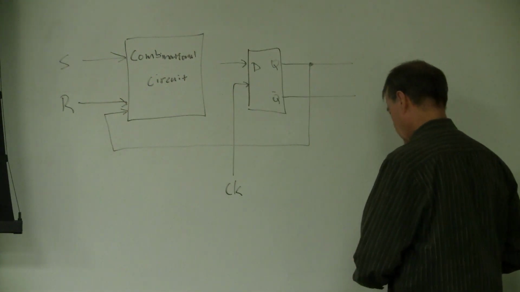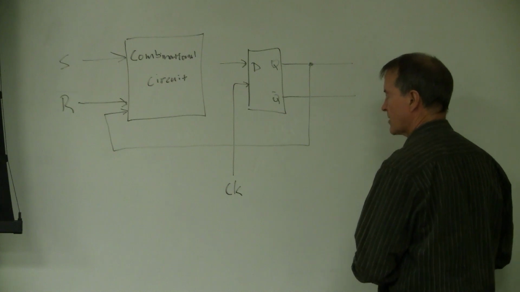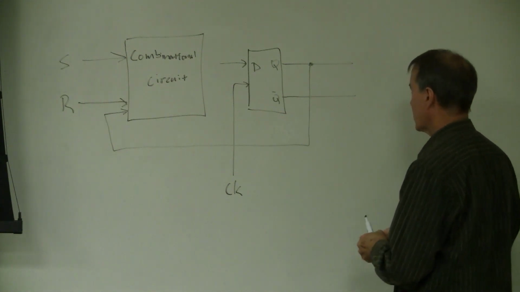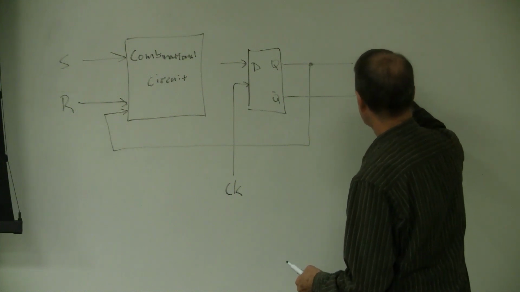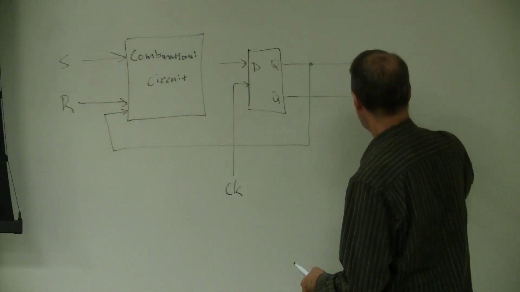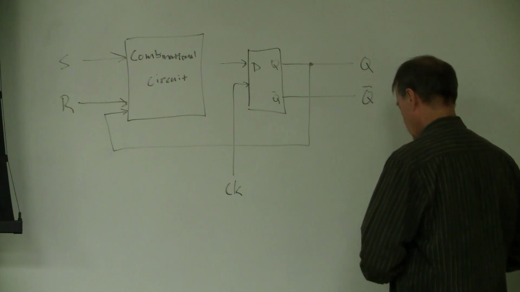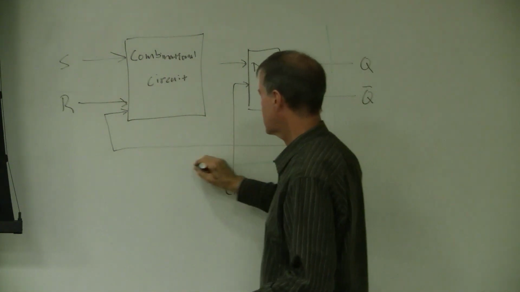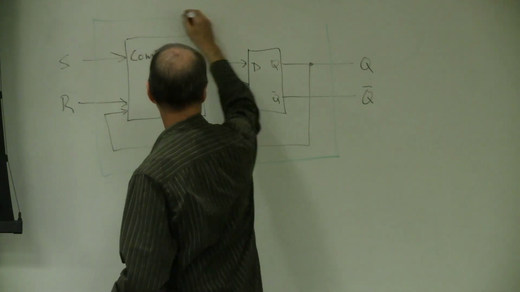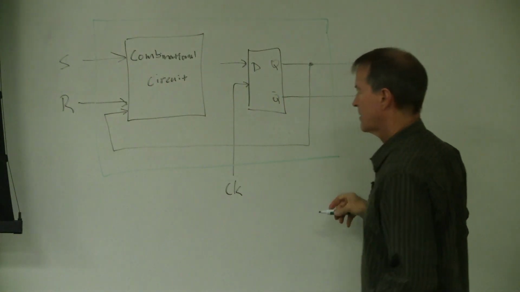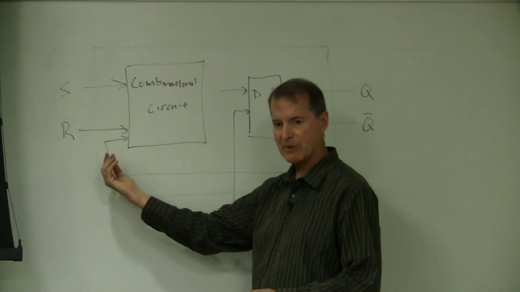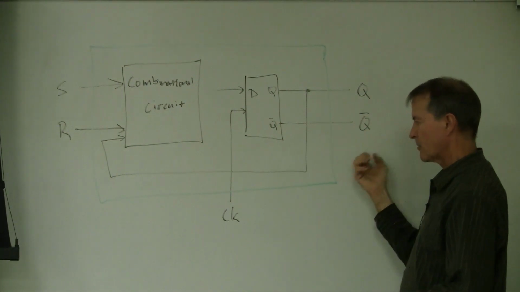So if we look at what it is that we're trying to construct, it looks something like this. So this is our external Q and our external Q bar. So if we draw a line around here like this, this looks like an SR flip-flop because we have an S coming in and an R coming in and a Q bar coming out and a clock pulse.